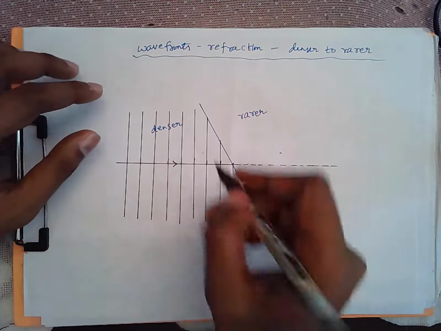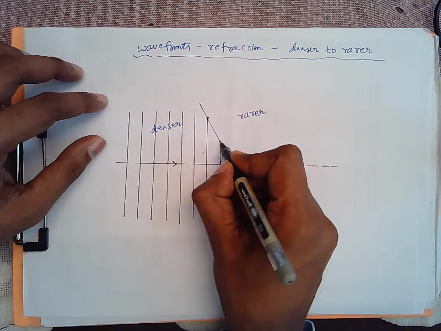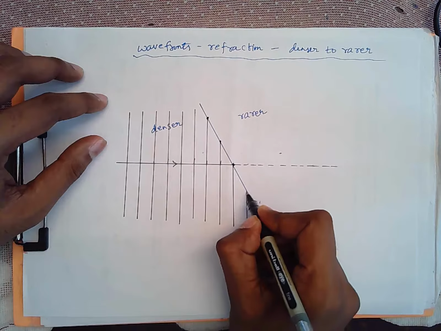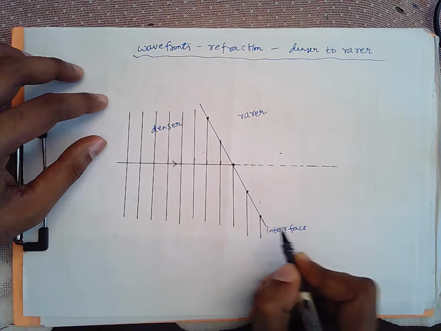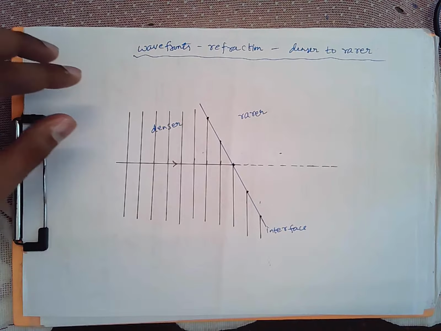So now these are the points of incidence of the wavefronts at which I have to draw the refracted wavefronts. So incident ray is here.